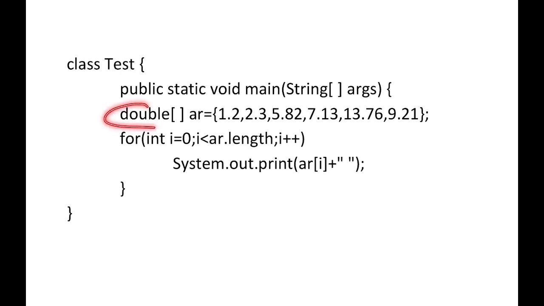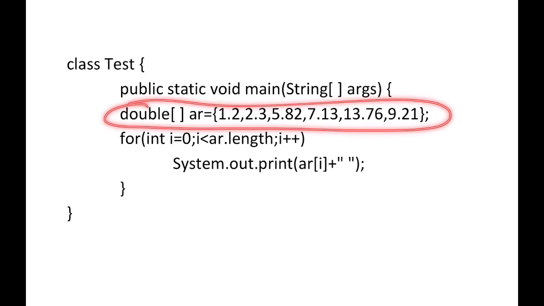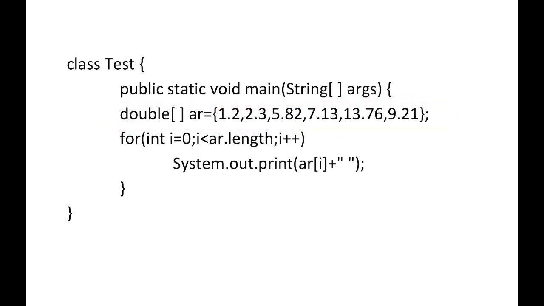So using the array initializer we have created this array. Now, like we have discussed, we have written the for loop to traverse and print all the array elements. So int I equal to 0, I less than AR dot length, I plus plus, then system dot out dot print AR of I, then some space.